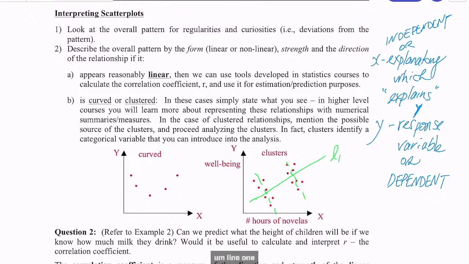Line 1 or line 2 and line 2. I'll call them 2 star and double star. Which better explains the relationship among those observations? Line 1 or the others?